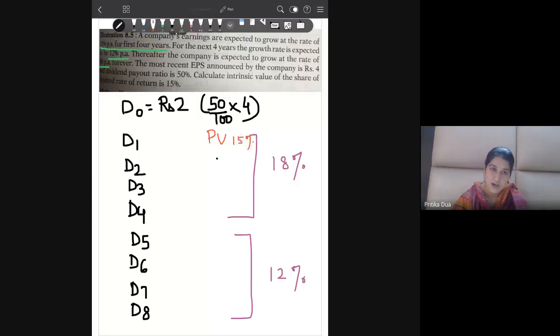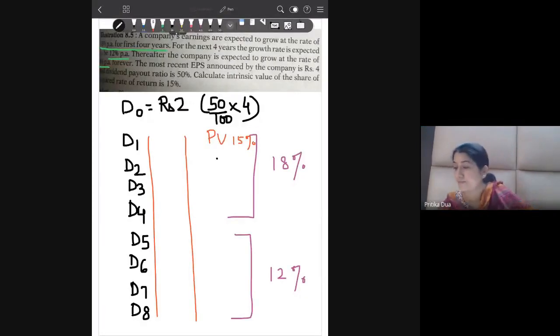If we start calculating the dividends, I will write the present value factor for 8 years here at 15%. You can by that time calculate the amount of dividends. Start solving.